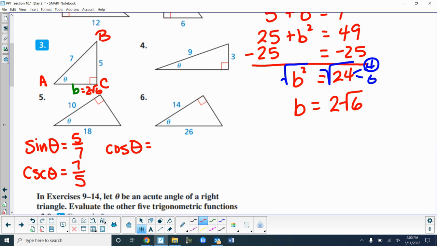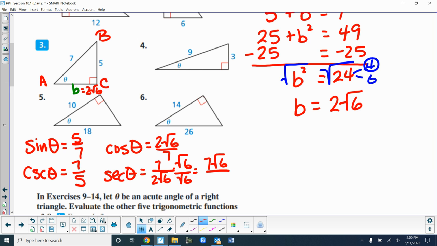Cosine of theta would be adjacent, 2 times the square root of 6 over 7. And then secant of theta would be 7 over 2 times the square root of 6. So we'll have to rationalize that denominator and get 7 times the square root of 6 over 12.